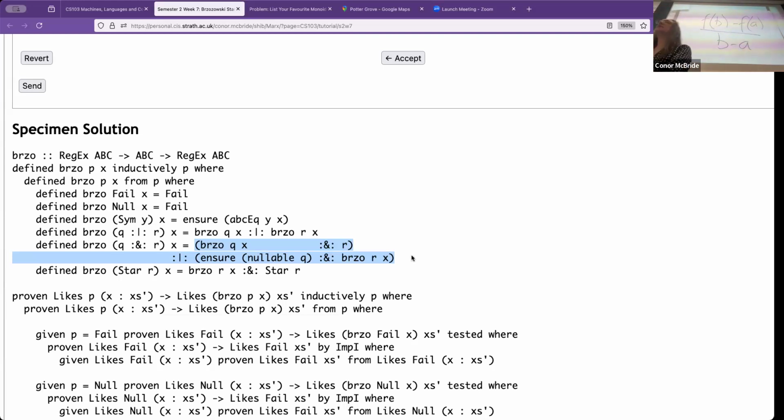The forward difference operator is what happens when B is exactly A plus 1. And this derivative is what happens when A is 0.